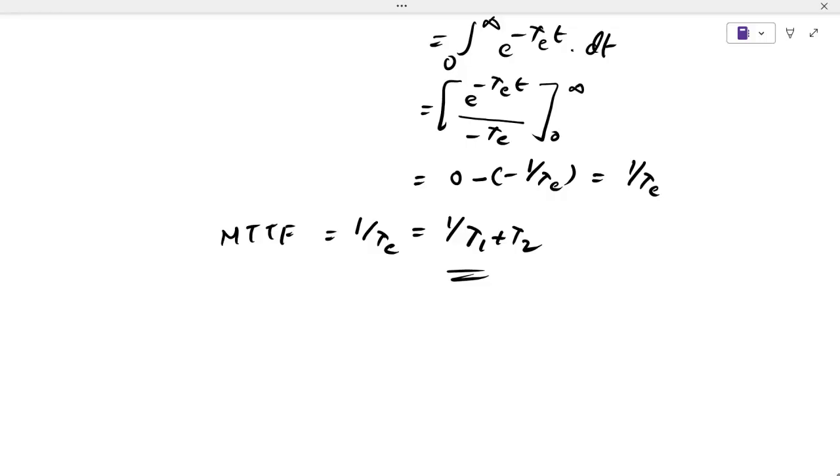Okay. Similarly, consider three components in series, for suppose one more component I am taking extra, that is component 3: 1, 2, 3.